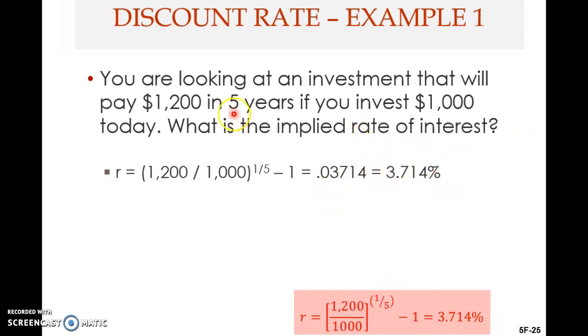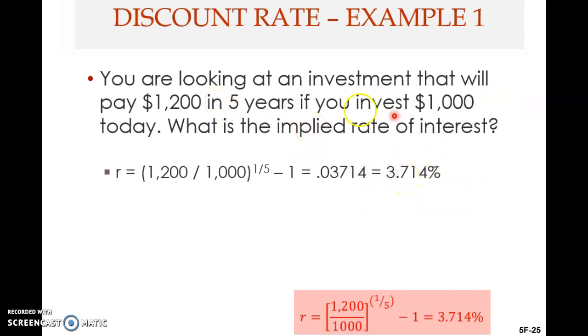That means if you invest $1,000 now and you get $1,200 in 5 years, the interest rate that you earn from this is only 3.714% per year. That's the idea behind this.